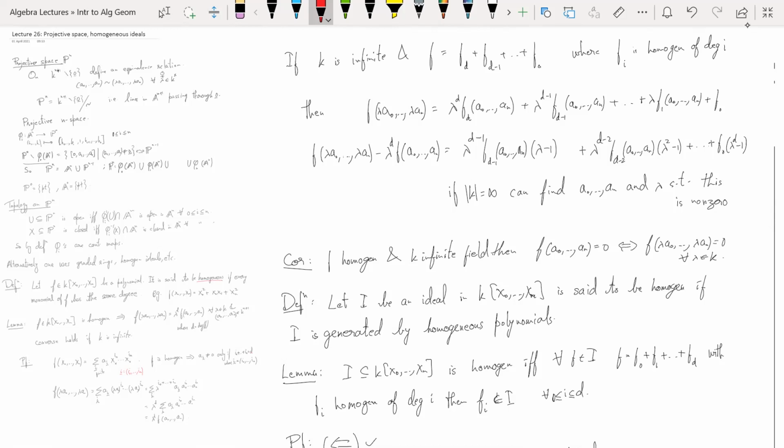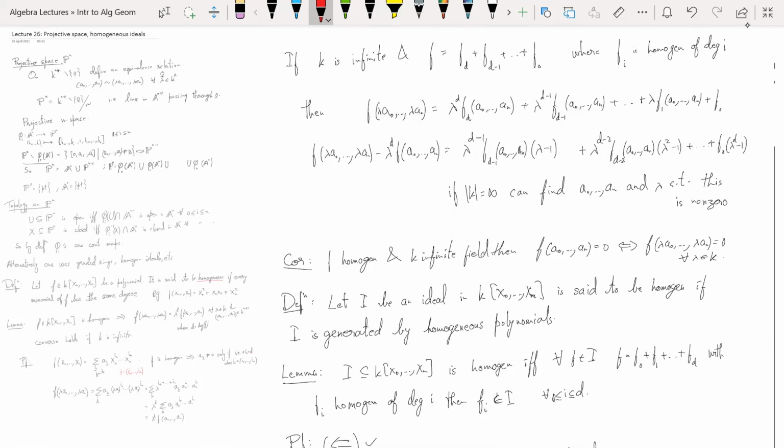This is going to be some non-zero polynomial, and then you can find some a_0, ..., a_n for which this polynomial does not vanish, which will contradict the fact that f(λa_0, ..., λa_n) is the same as λ^d f(a_0, ..., a_n).